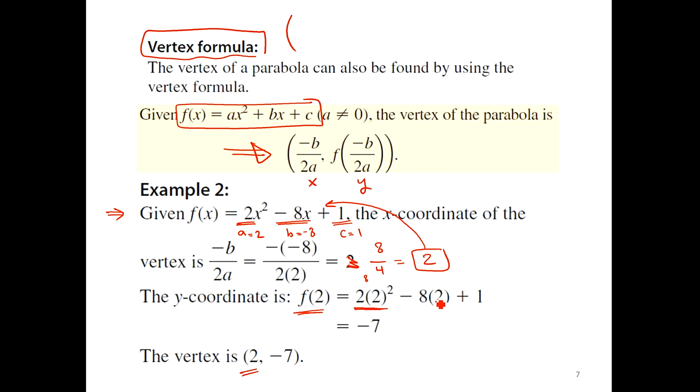And minus 8 multiplied by x, so minus 8 multiplied by 2, this is negative 16, plus 1. So we have 8 minus 16, negative 8, negative 8 plus 1, we have negative 7. So by this formula, this is very important to find the vertex of a quadratic function.